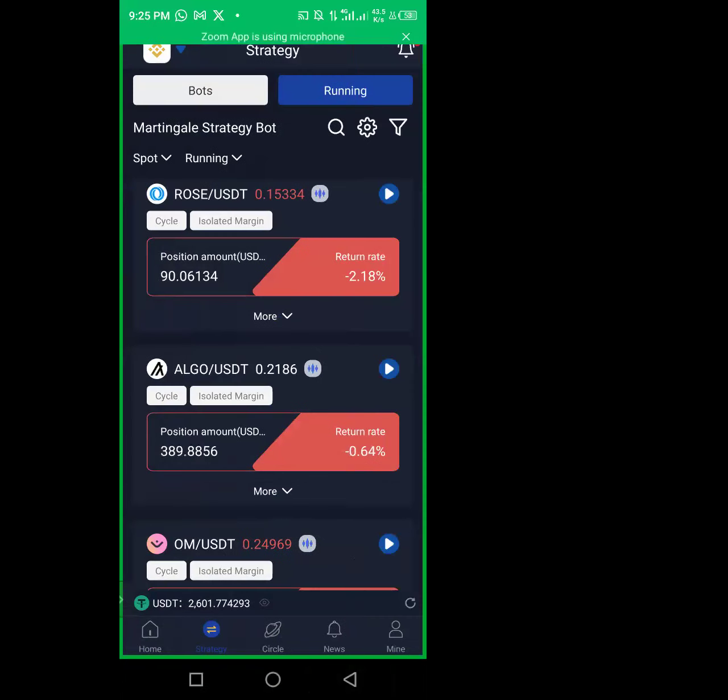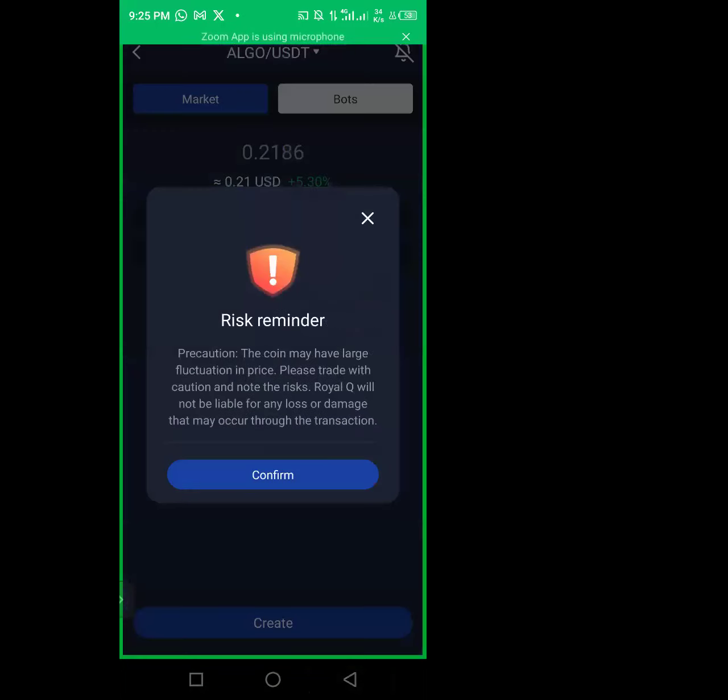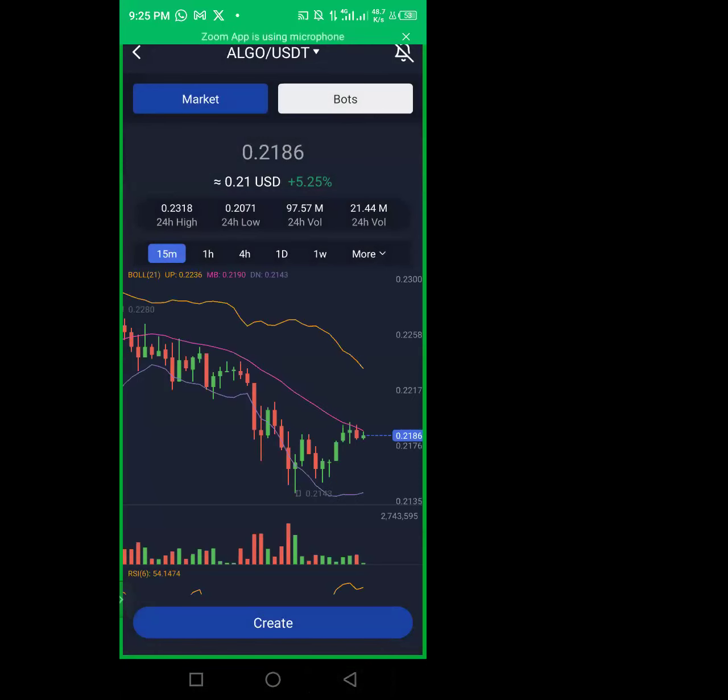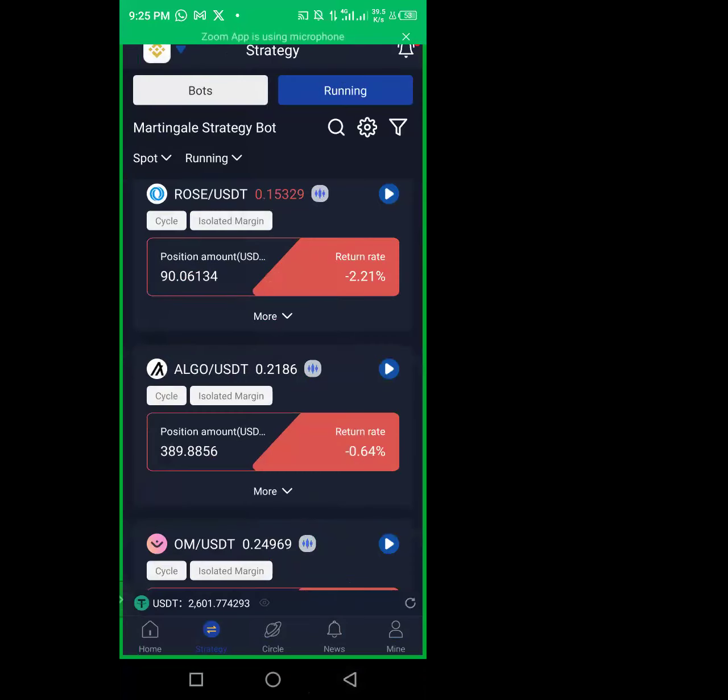So let's see what happens to it. Instead of minus 2 point something, it is now on 0.64. This my Argo will not take long again. With the trend of what I'm saying here, it will be in floating profit soon.